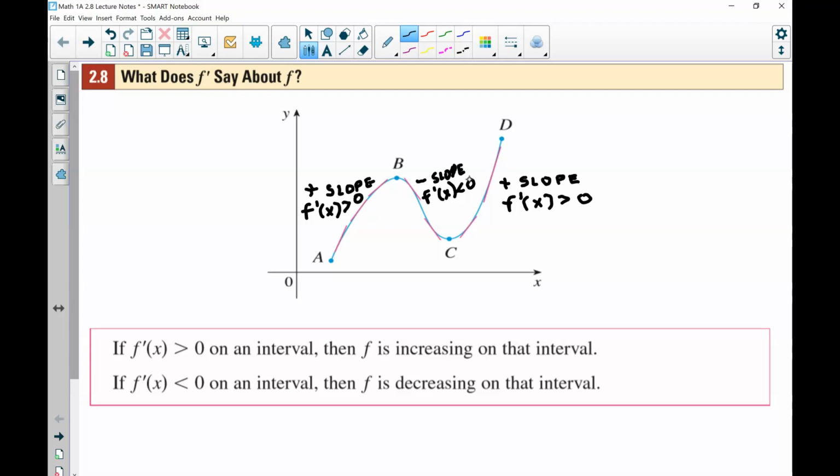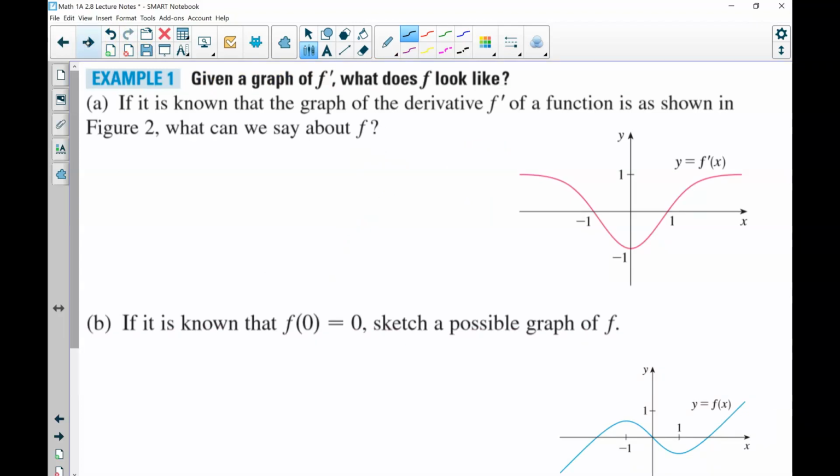Now it turns out, we'll see later on, that what we observe for the function graphed in this figure is always true. But we're going to state the general result below here. So now if f prime of x is greater than 0 on an interval, then f is increasing on that interval. If f prime of x is less than 0 on an interval, then f, the function, is decreasing on that interval.